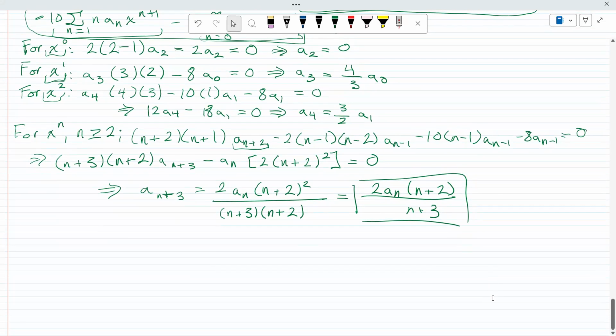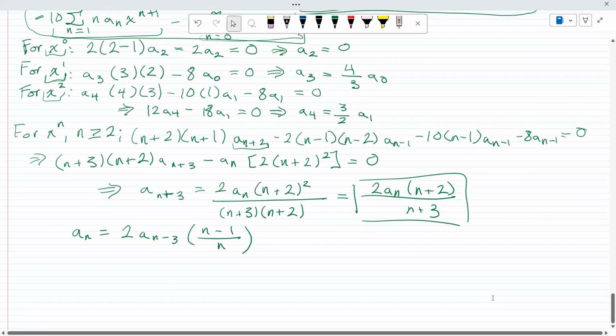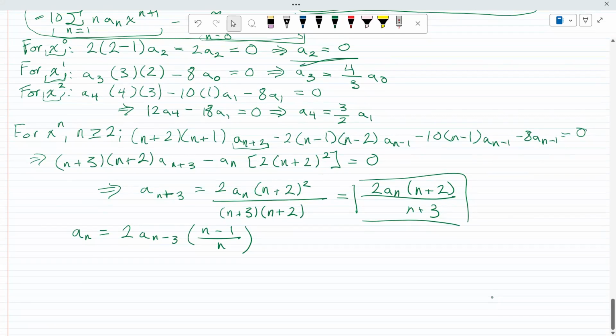So we can then say that a_n is equal to 2a_{n-3} times (n-1) over n. And then we can figure out our recurrence relations given these original equations that we had up above.